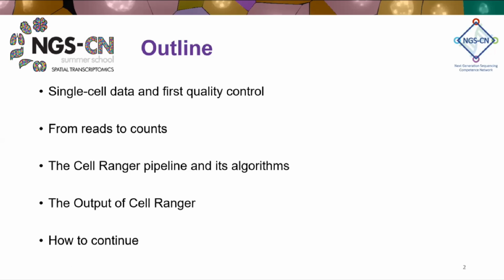In the next part, I will present a pipeline called Cell Ranger. This pipeline takes care of this step for you for a certain data type. I will come to this later. Finally, I will show you some of the output you can expect from the Cell Ranger pipeline and how to continue.